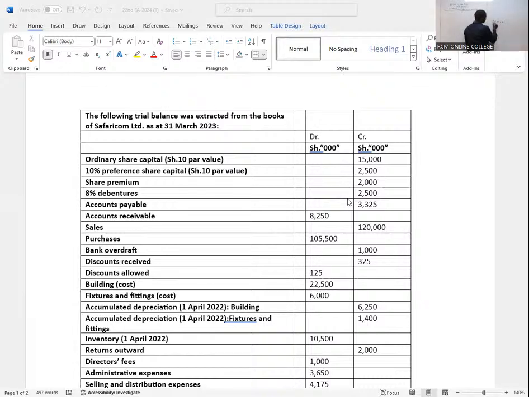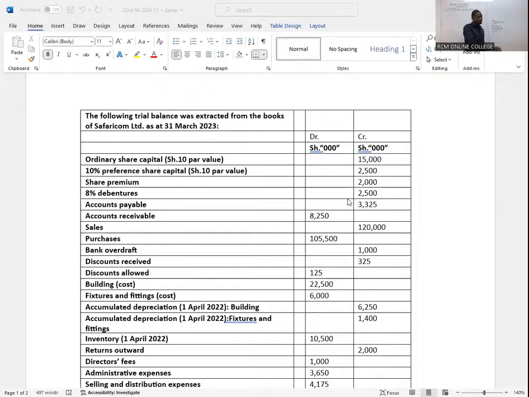And here we say that we have drawings, we have expenses, and we have assets. So all the drawings, all the expenses, and all the assets, they have a what? They have a debit balance.